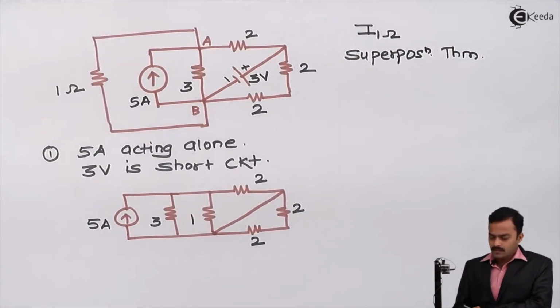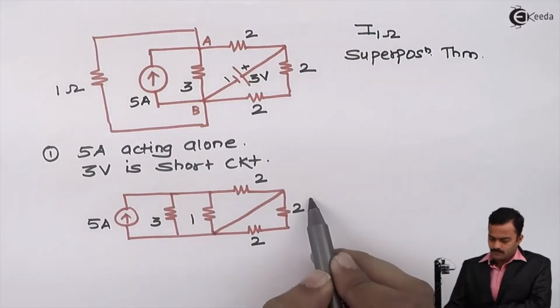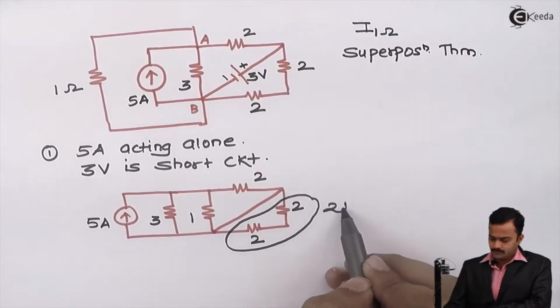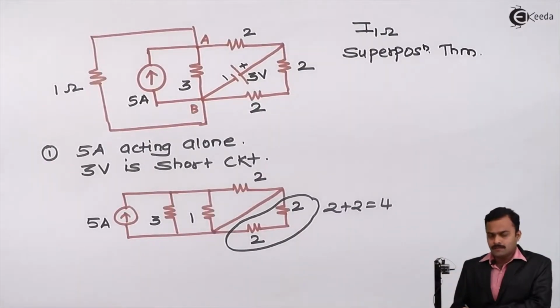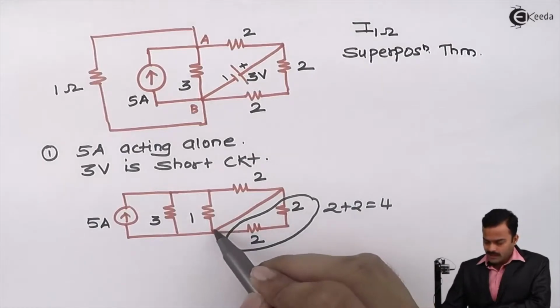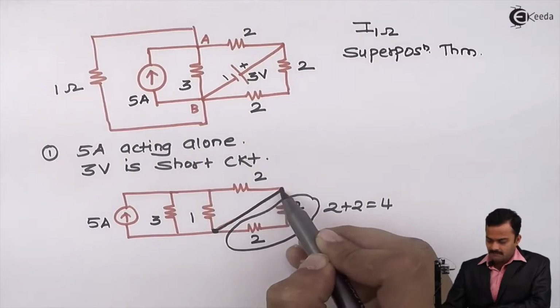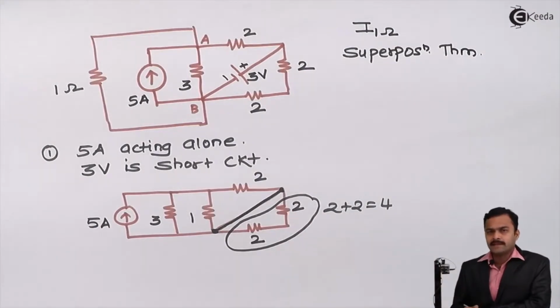Now if you see properly, this 2 plus 2 will become 4, but this 4 is coming across this short circuited link, so actually it is redundant.